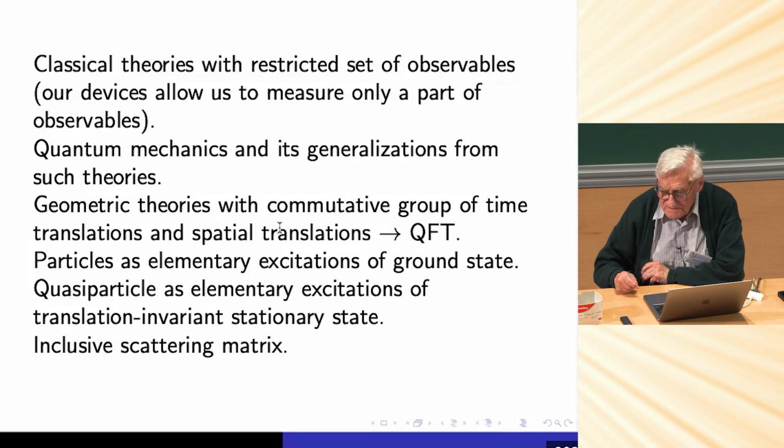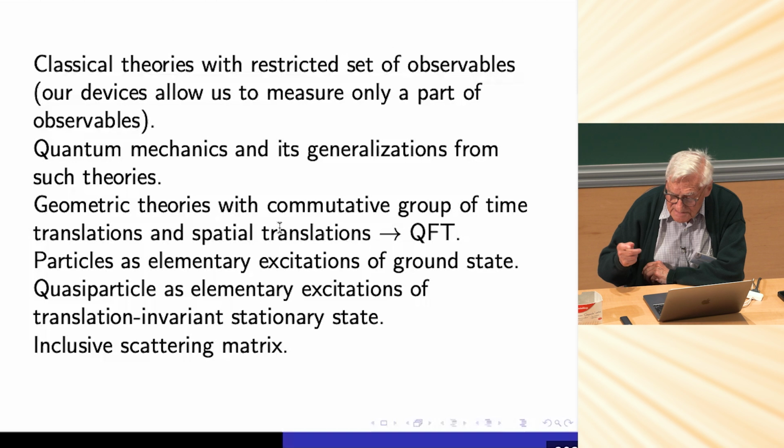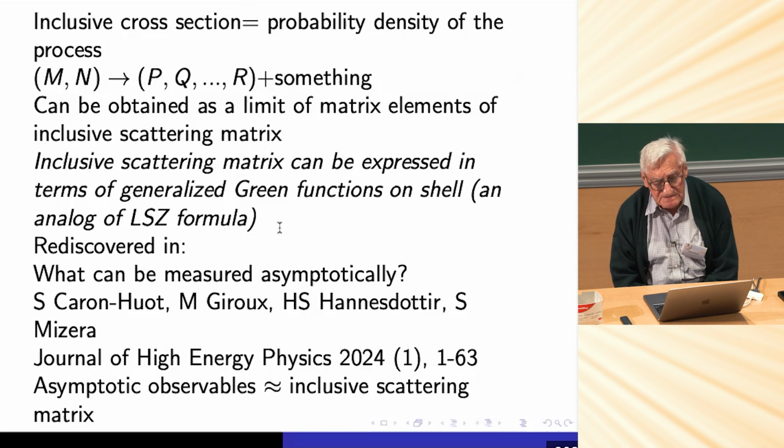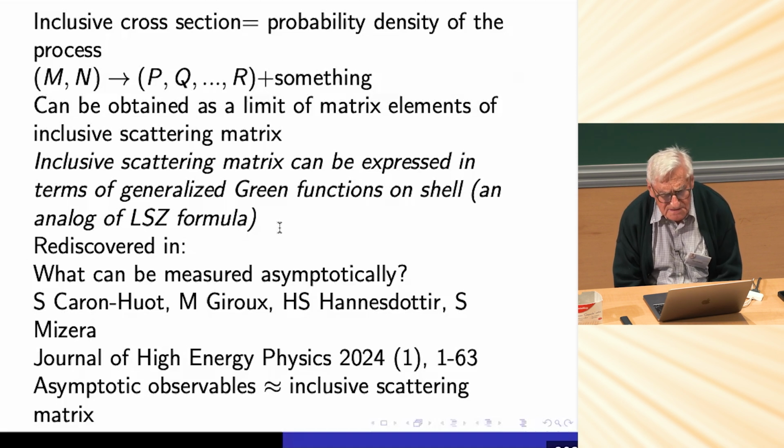At the end of the talk I will give one of the possible definitions, not the best one. Again, I can explain this in questions. But first of all, I would like to explain what is inclusive cross-section. This is a standard notion, and it goes as follows.